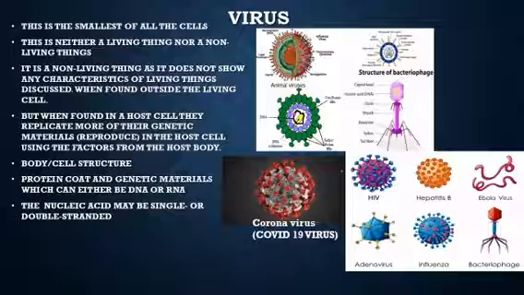Now, what can we say about the virus? A virus is just a kind of small cell, and the structure we can find includes the protein coat, which you can see in the diagram, and it has genetic material, which is either DNA or RNA, and this genetic material is what they reproduce more in the host cell body.